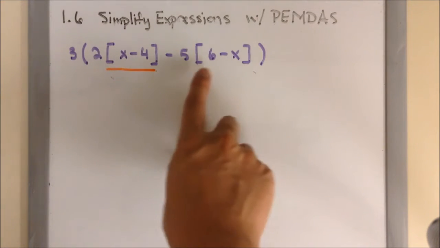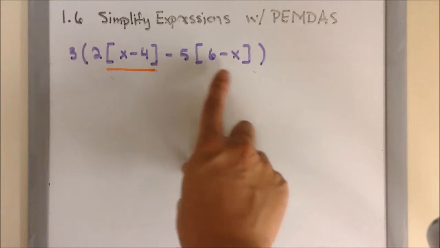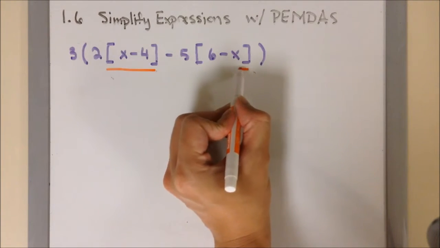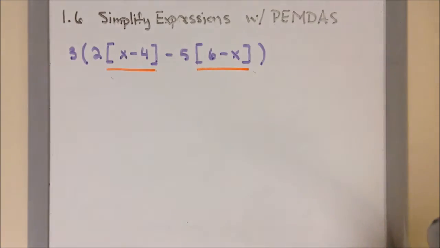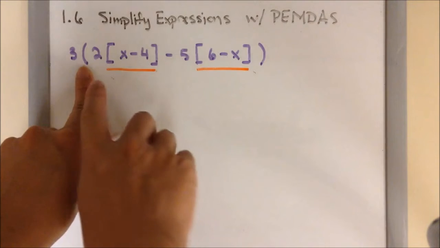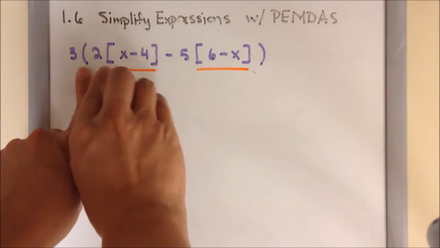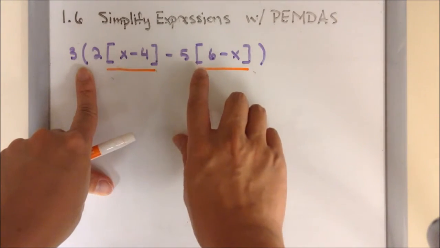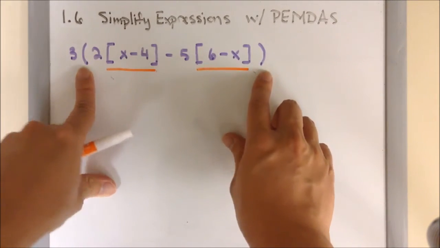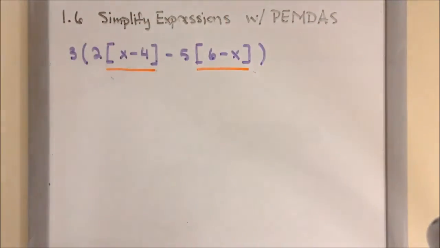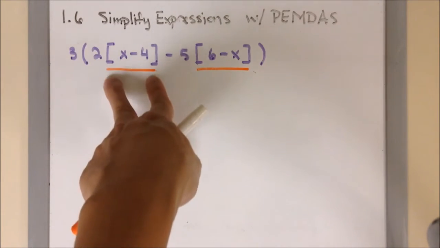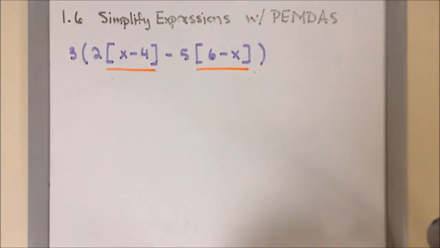So again, the moment it goes from open bracket to close bracket, that's our second group. Same thing applies if there were parentheses. So you see here, open parenthesis, open bracket, close bracket, first group. Open bracket, close bracket, second group, and then close parenthesis. So this right here means one big group. But I'm able to identify our first group and our second group so we don't mix them up.